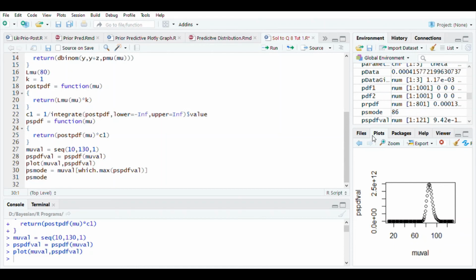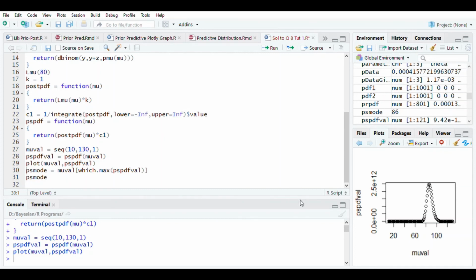Okay, so you can guess easily. The distribution has a long tail, meaning even if you had started from the point 30 to 120, you would have got a good idea about the posterior distribution of mu. Now you can easily identify that the posterior mode lies between points 80 and 90.